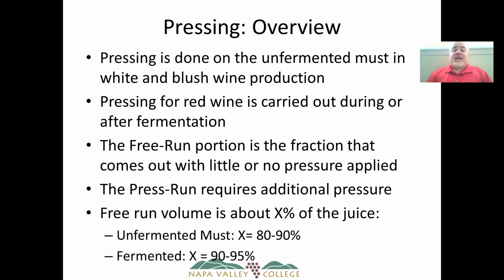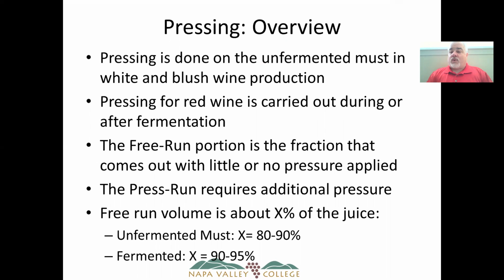So the pressing is done on unfermented must in white and blush wine production. So you haven't fermented yet, you press it right away. At the latest, maybe 24 hours of skin contact time, and then you go to fermentation. Red wine, the pressing is carried out during or after fermentation.